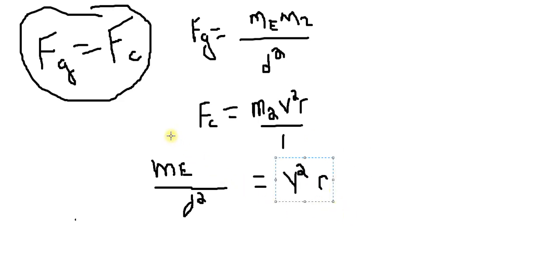So really what we're left with is the forces between the two are equivalent to the mass of the Earth divided by the distance squared between the two objects. But notice we have velocity squared and r, which is the distance from the center of the Earth. That's also this distance from the center of the Earth. This d and r are the same terms.